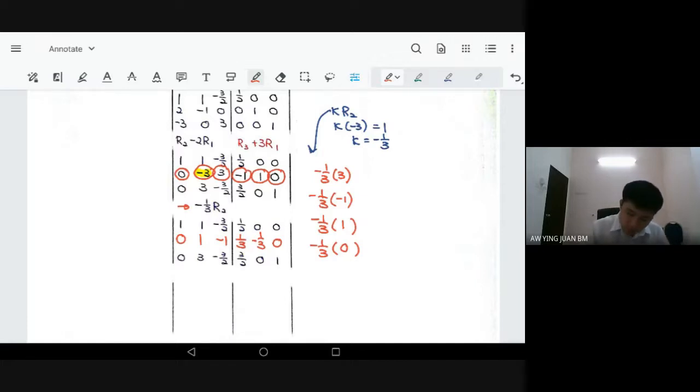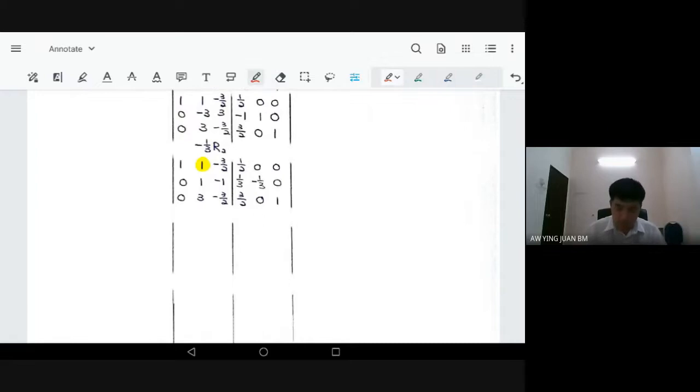Next, we have to focus on this one, which becomes 0. And then after that, the 3 also becomes 0. So do remember, in the second column, we have to refer to the leading diagonal, which is the row 2. So kindly refer to the highlighted part. The name is R1. The name is R1 plus K. So do remember, it is located in the second column, so we must refer to R2.